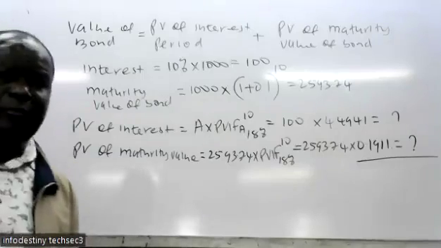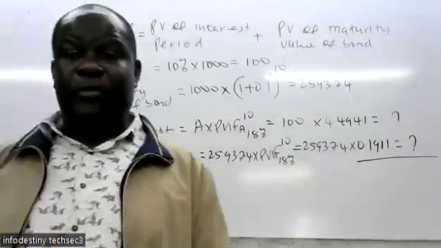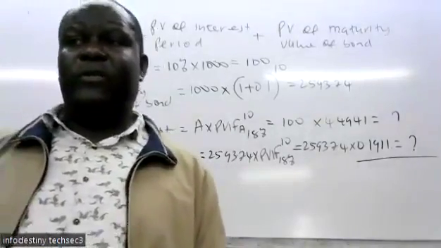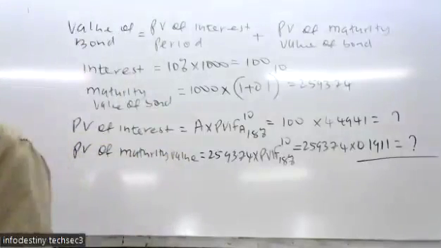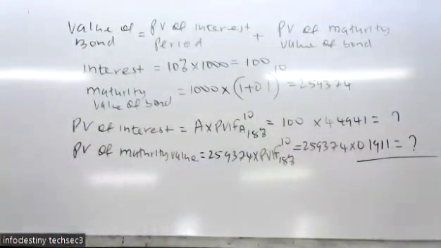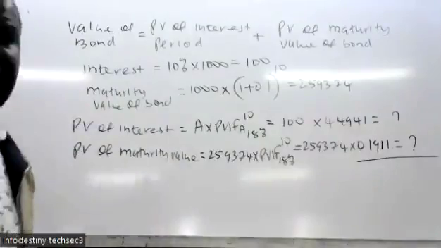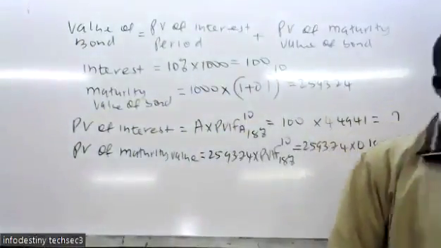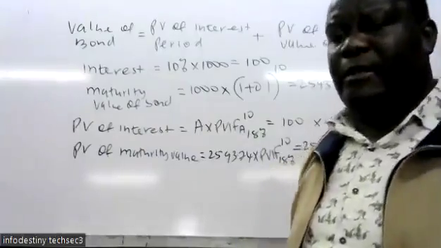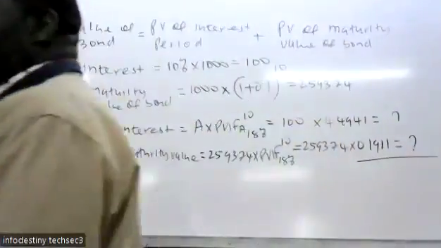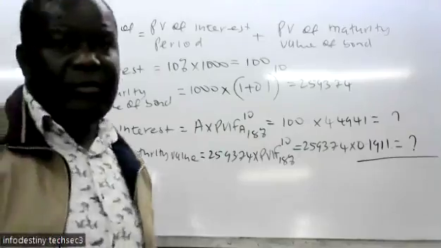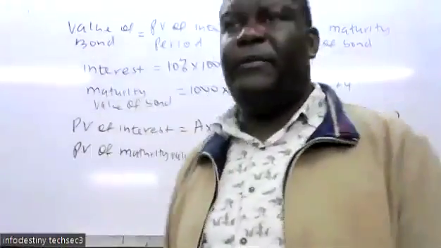So maybe for those who are not in the morning, you can just comment by writing that it is the value of the bond where the maturity value is the same as the bar value.